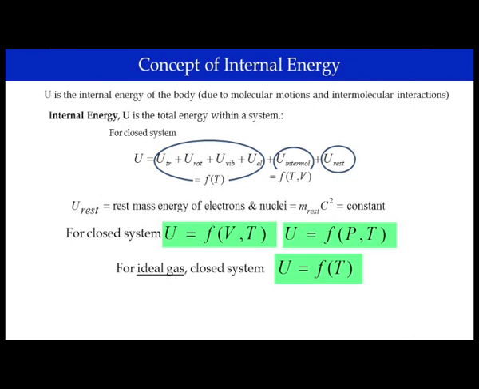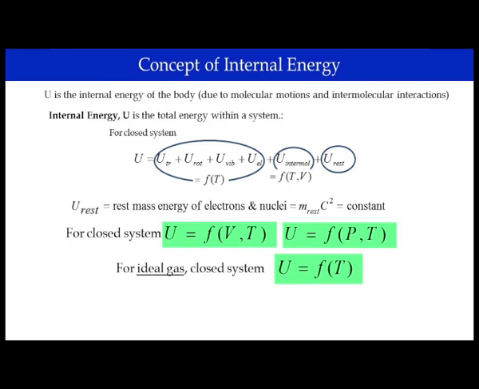internal energy can be given by the following terms: the energy due to translational motion of the molecules, rotational energy, vibrational energy, electronic energy, and the energy due to intermolecular interactions between molecules.